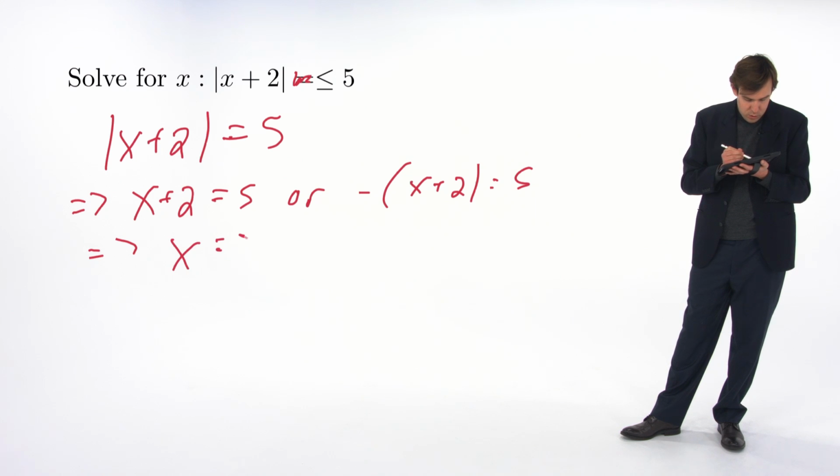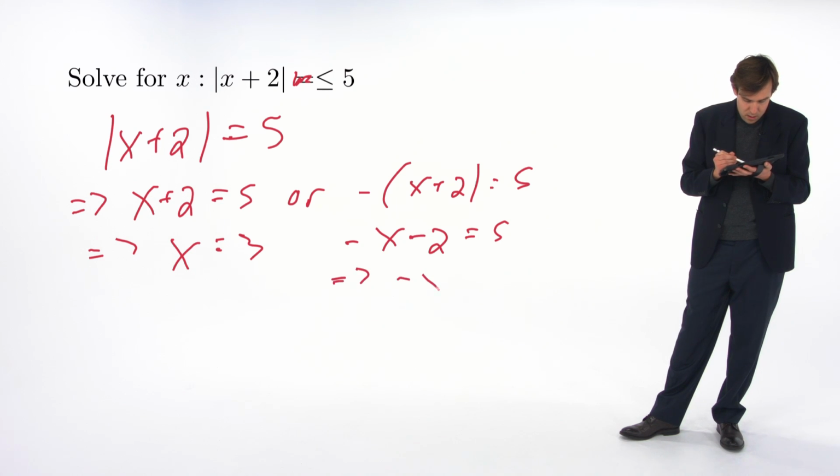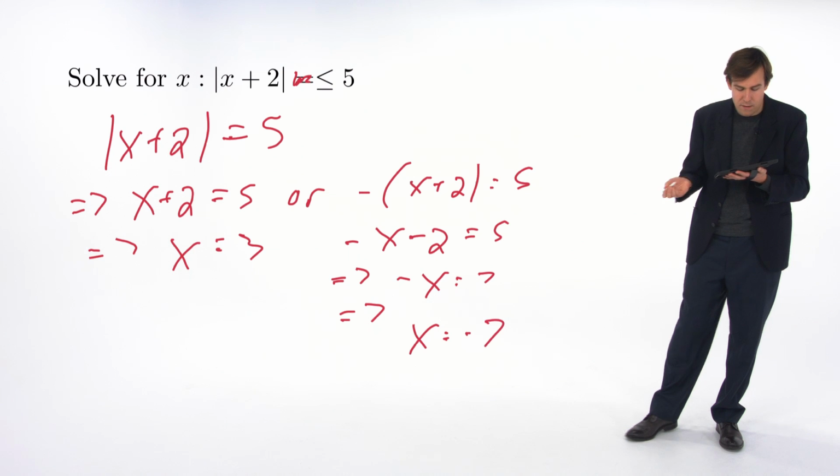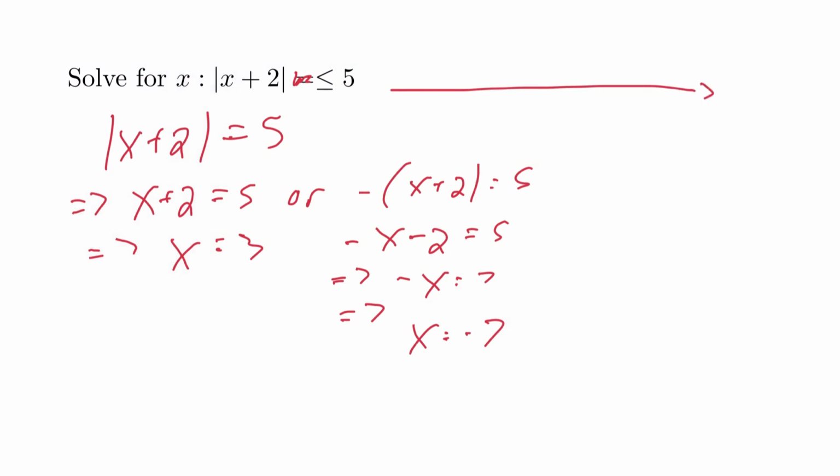So x equals 3 is a solution, and x equals minus 7 is a solution. And then I do the number line. So I plot minus 7, and I plot 3.